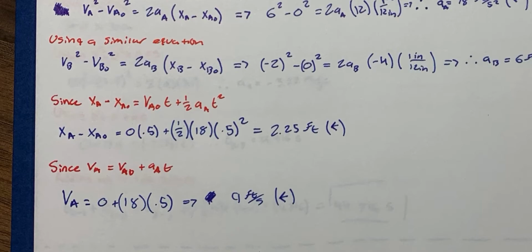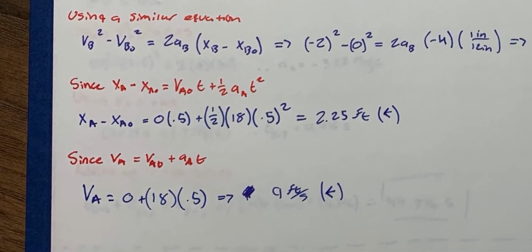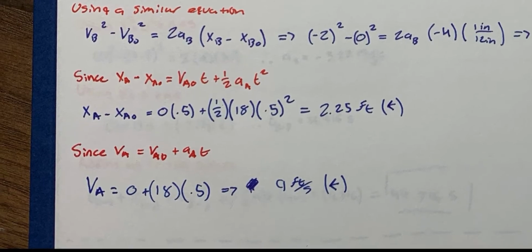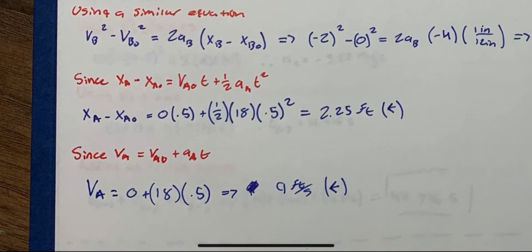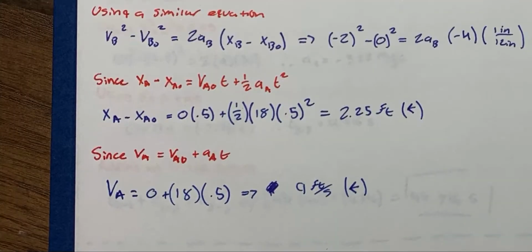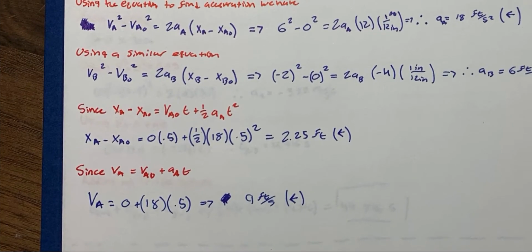And then using the standard position equation and plugging in the numbers for A, we can find that A is moving 2 feet. And then since the velocity of A is equal to the standard velocity equation, we can just plug in the numbers for A and figure out that it's going 9 feet per second.